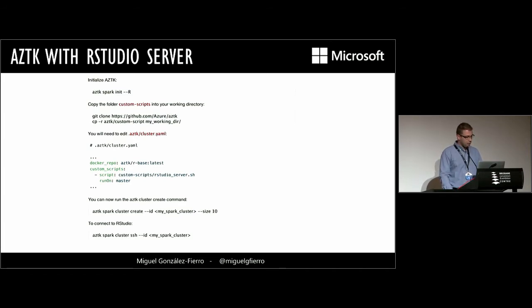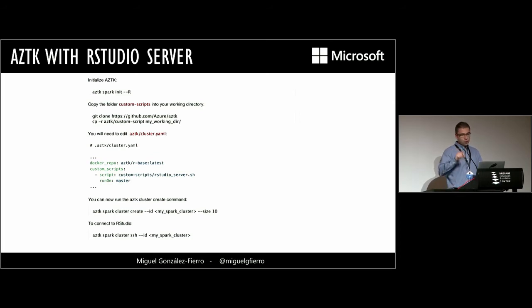And here, the only difference is you need to initialize a YAML file where you can add a custom script. In this case, the custom script is the RStudio server installation that comes with a SH file.